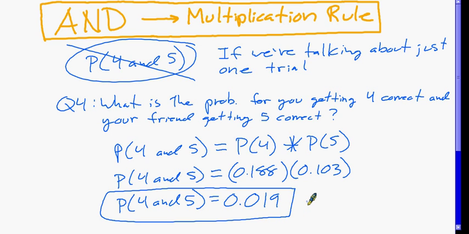What does that mean in terms of probability? Well, when we start combining outcomes like getting 4 and getting 5, how many different combinations are there with this quiz? I mean, you could have gotten 4 and your friend could have gotten 6, and you could have gotten 7 and your friend could have gotten 0. There are a lot of possibilities.